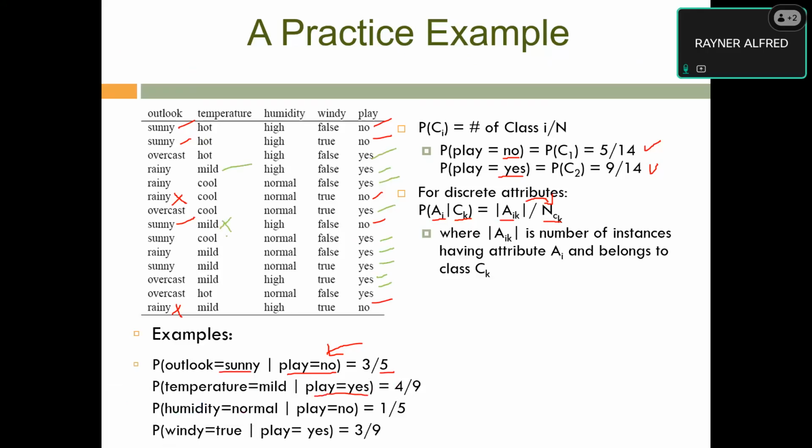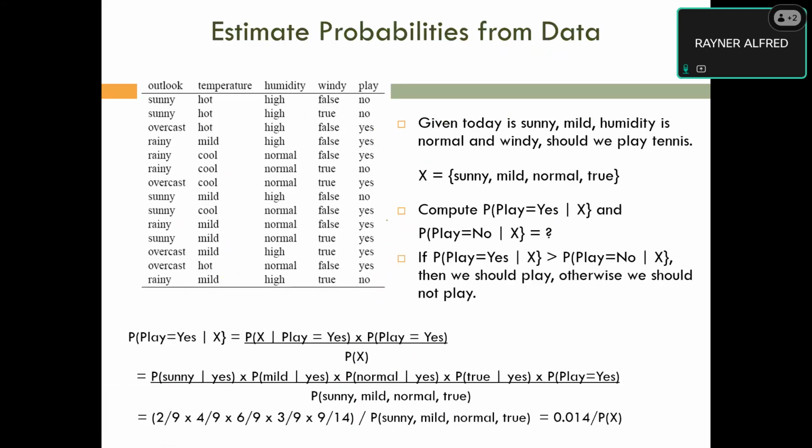This is no, 2, 3, 4. So 4 out of 9. So the rest follow the same. So that's how we compute the probability of having outlook sunny given the play is no, and the rest follow the same. So having this knowledge, okay.